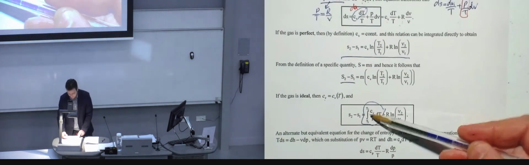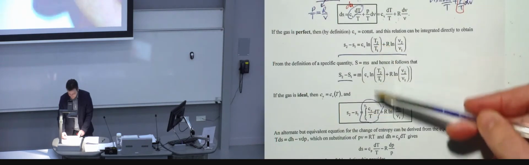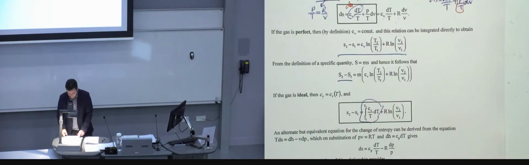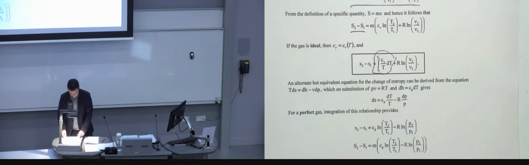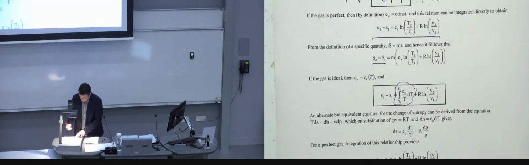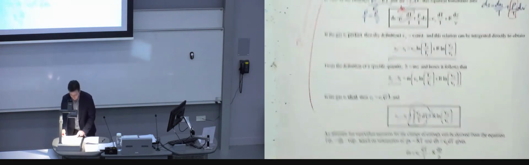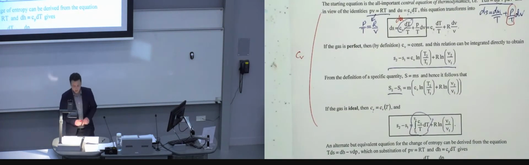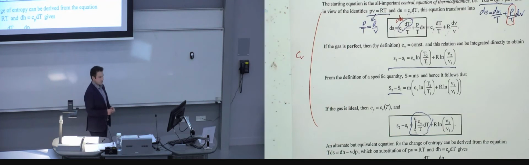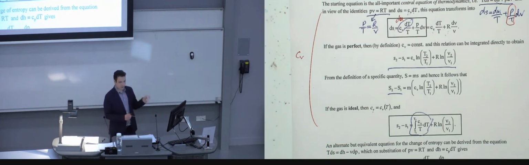So if you compare this to this, you see the difference. So this was for Cv. What we've done here was looking at the situations where the volume is constant and you want to express your change of entropy in terms of Cv.